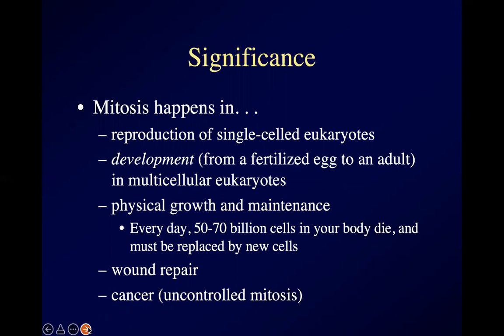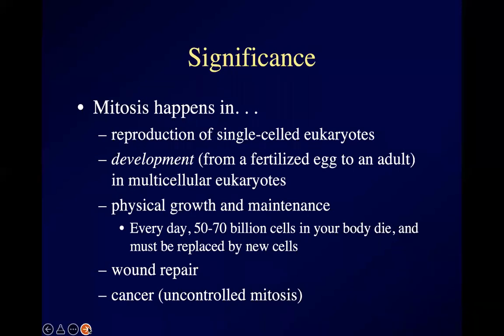They're always breaking down and dying and getting sloughed off, and they have to be replaced by new cells. So every day, your cells undergo mitosis something like between 50 and 70 billion times just to maintain you as you are.